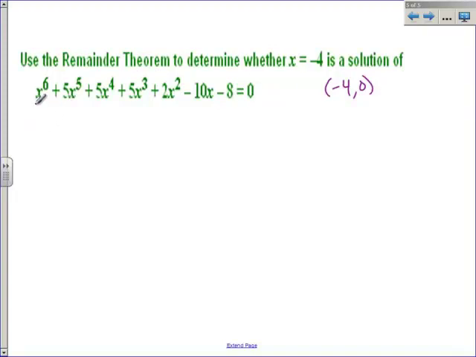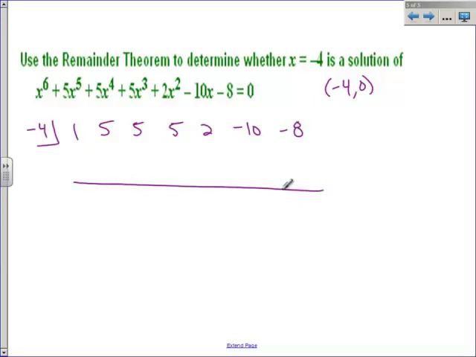Now, one way to do this is plug in negative 4 and go through there and see if you actually get 0. Or we could set up our synthetic division. Now, does this go in descending order? 6, 5, 4, 3, 2, 1. Yes, we're good. So put our coefficients. 1, 5, 5, 5, 2, negative 10, negative 8.